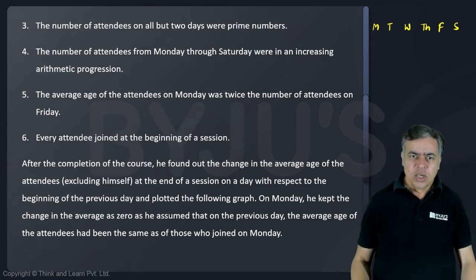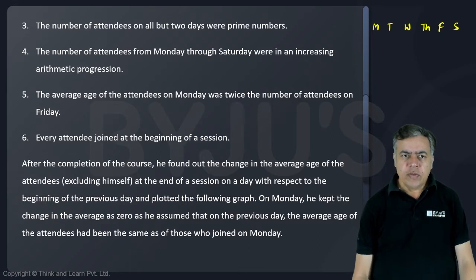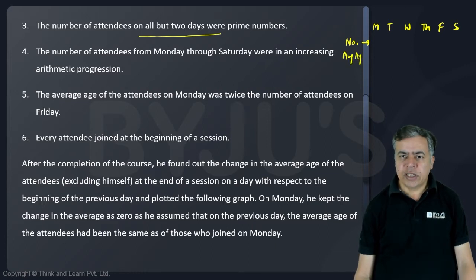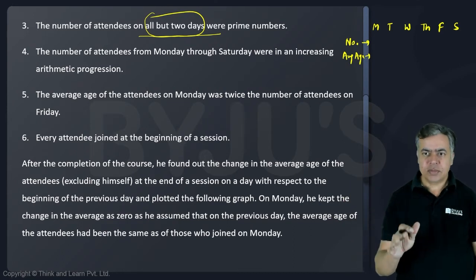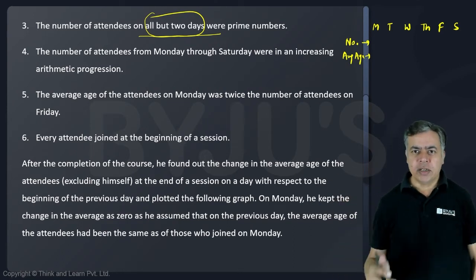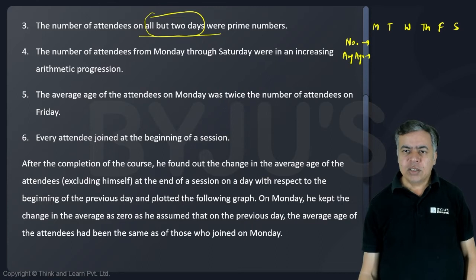First thing is that all but 2 days, except 2 days, means 4 prime numbers should be there, right? So in the number of attendees you must have 4 primes.